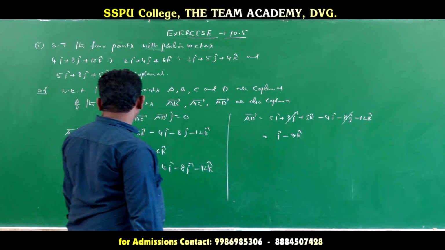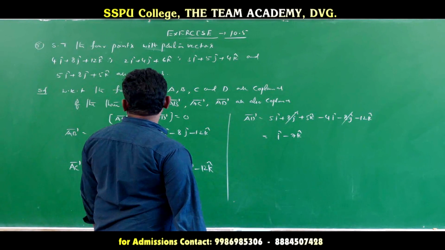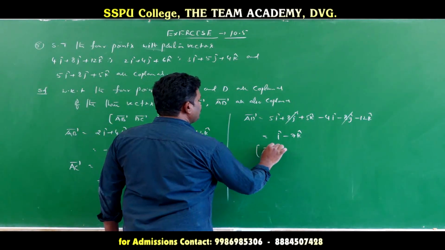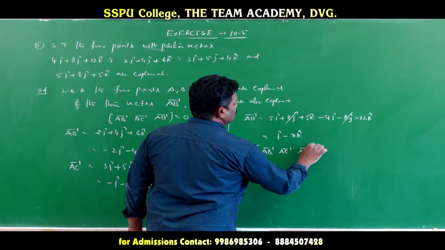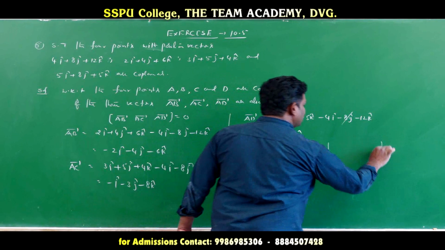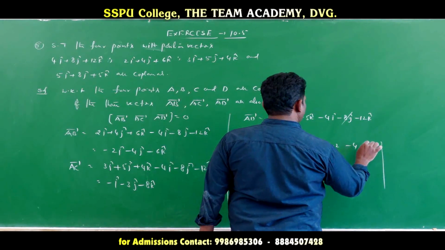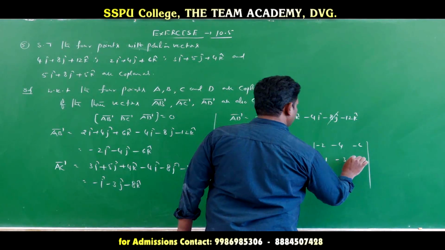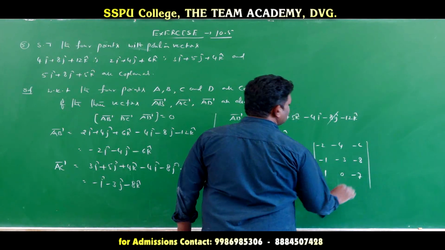Now if you take the box of this value, to prove that this is coplanar, box of AB vector, AC vector and AD vector is equal to this determinant. First AB: minus 2, minus 4, minus 6; AC vector: minus 1, minus 3, minus 8; AD vector: 1, 0, minus 7.